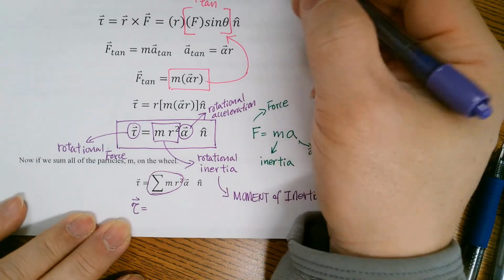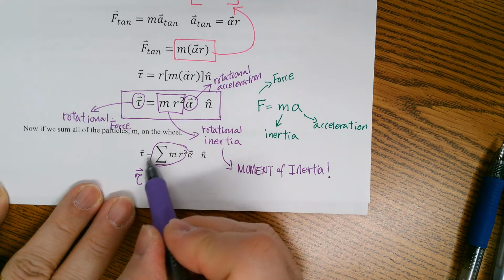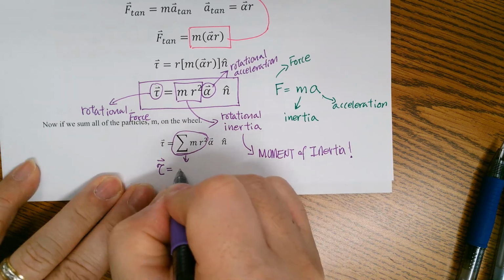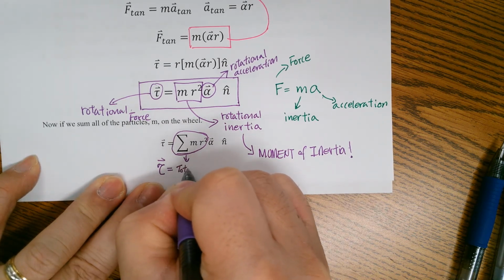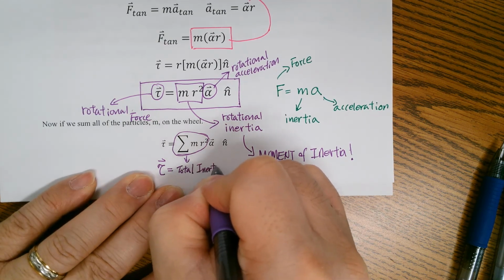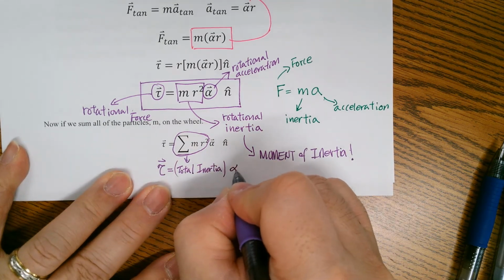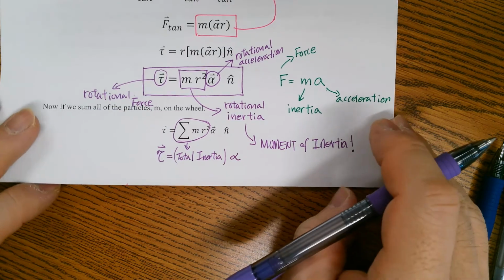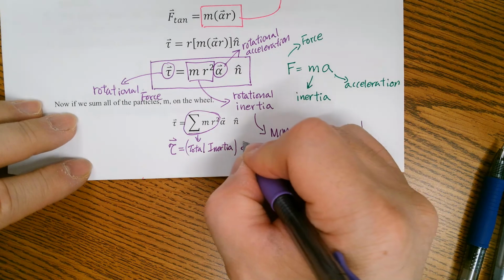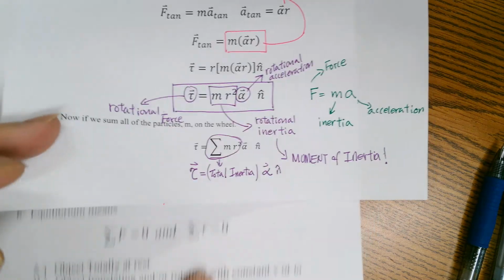If we take this to an infinitesimally small limit, this becomes the total moment of inertia times alpha, and then n hat.